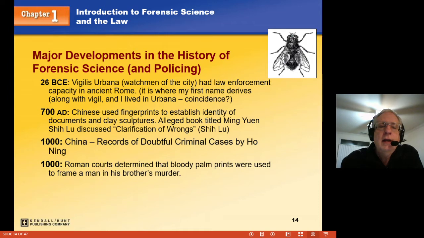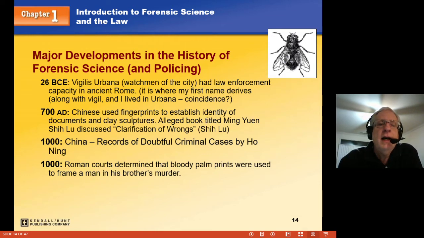And this is important to me because Vigilis is kind of where we get the word vigil from. People who were Vigilis Urbana, which meant watchmen of the city, got perverted to Virgil at one time, and a Virgil was a watchman.